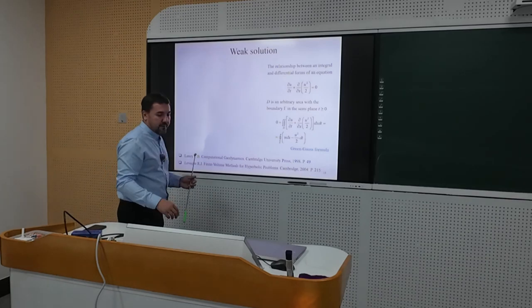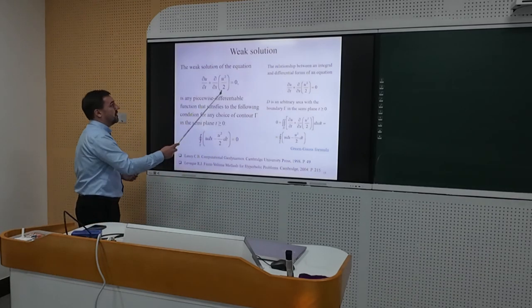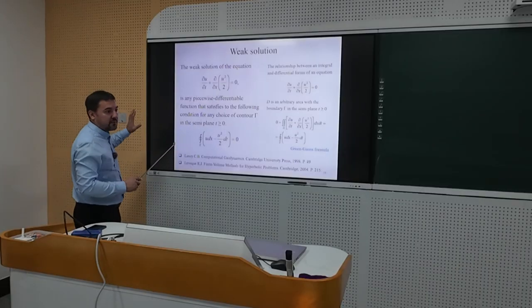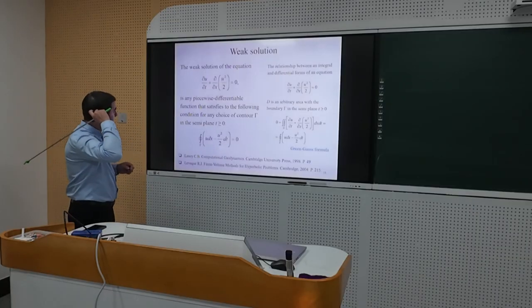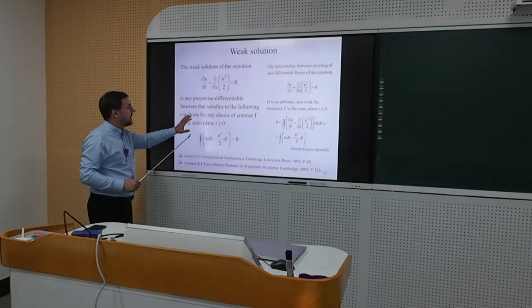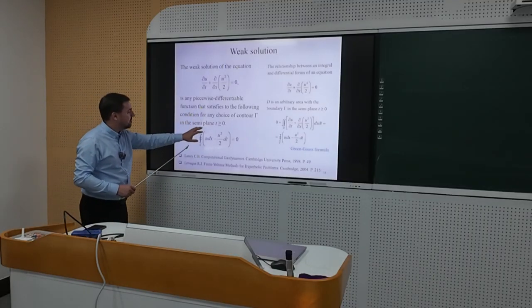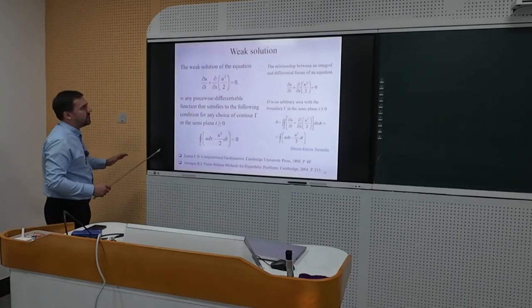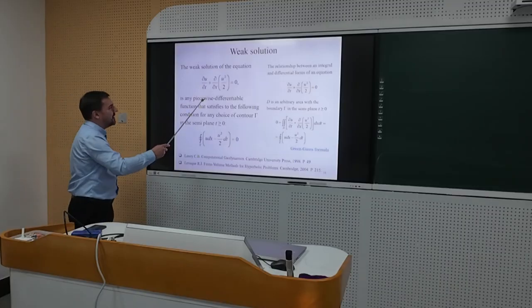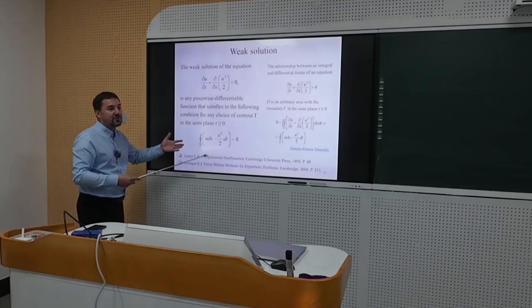So the weak solution of this equation, for example, the Hopf equation, or a more general scalar conservation law, when f of u is some function, not u squared over 2, is any piecewise differentiable function that satisfies the following condition for any choice of contour gamma in the half-plane t greater than or equal to 0. It means that a weak solution of this equation is the solution that satisfies not the differential but the integral form.